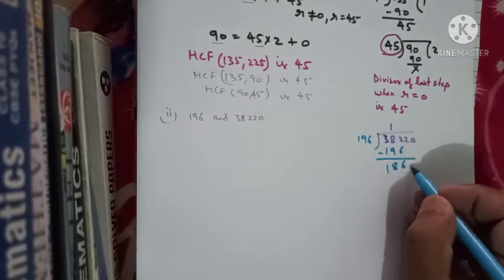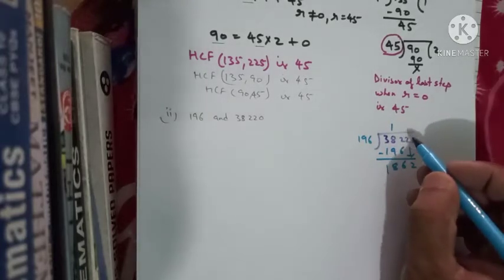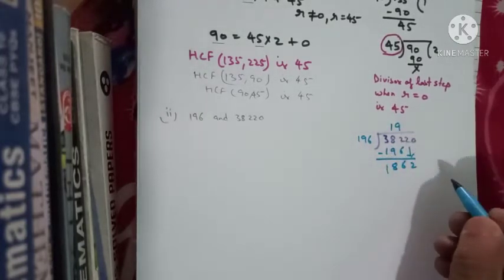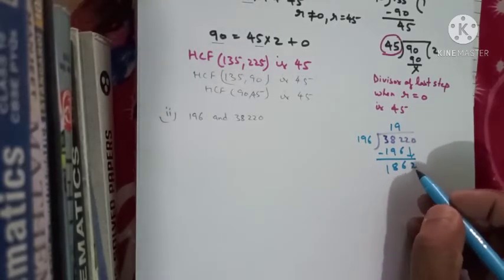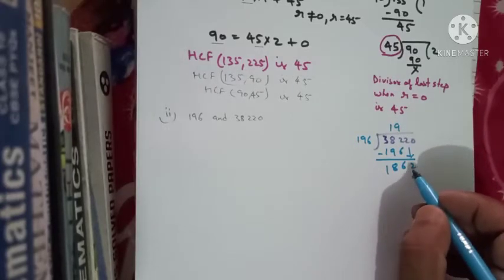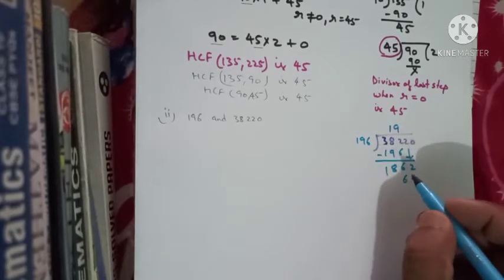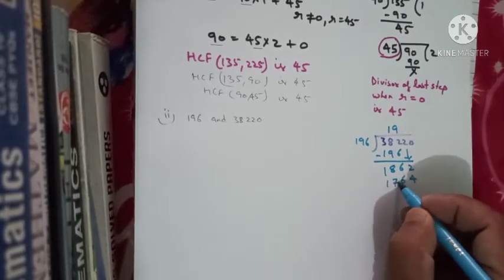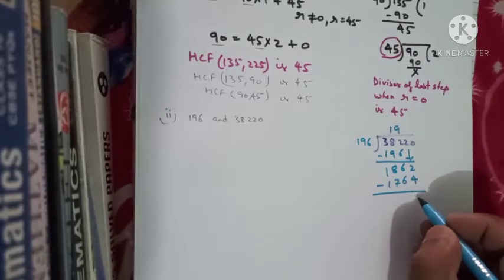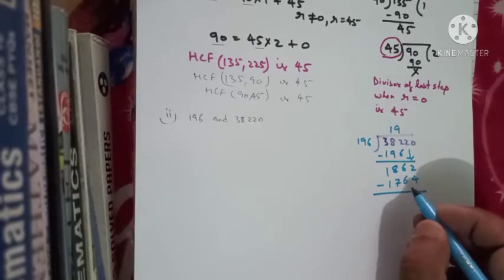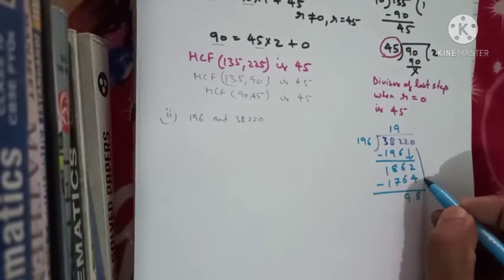Now we will copy this 2, so it will become 1862. 196 goes 9 times: 9 6s are 54, 5 carry, 9 9s are 81, plus 5 is 86, 8 carry, 9 1s are 9, plus 8 is 17. Subtracting, we get 12 minus 4 is 8, 15 minus 6 is 9, and we will copy this 0.